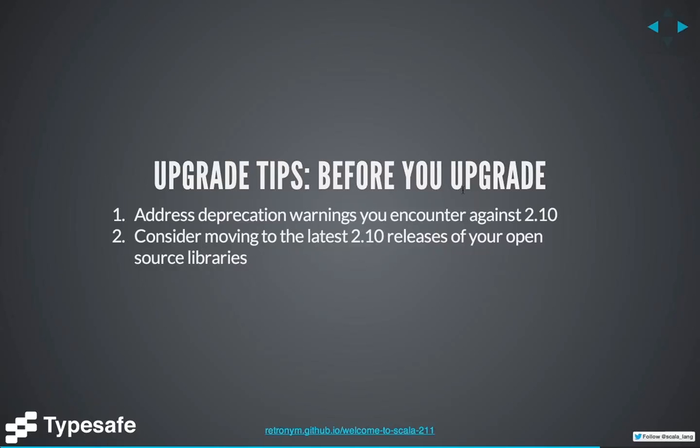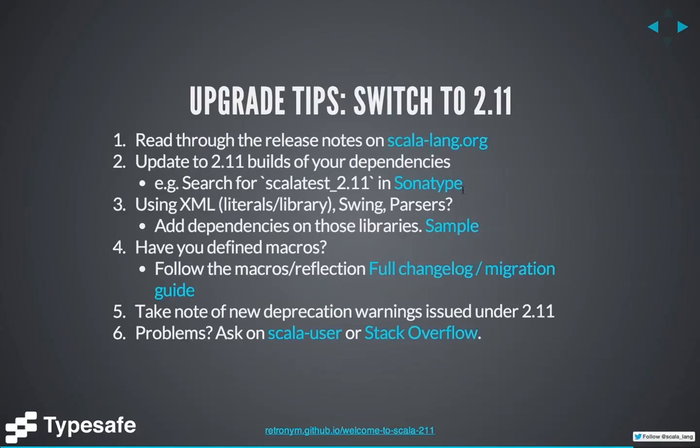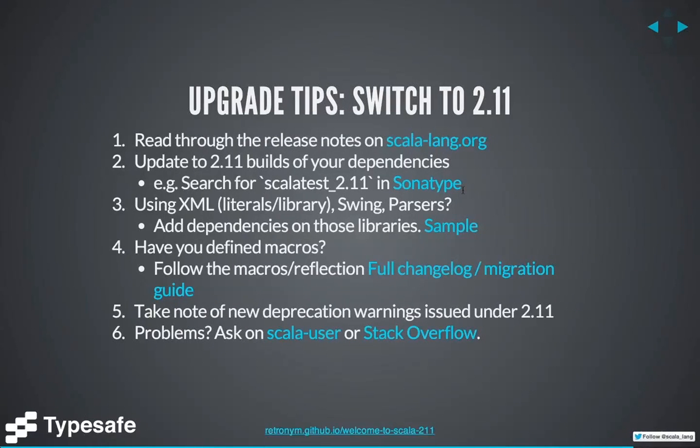You might also consider upgrading to the latest releases of open source libraries that you depend on, for example, Specs or ScalaTest. When you actually upgrade, you can, as I said, read through the detailed release notes that we'll post to scala-lang.org.